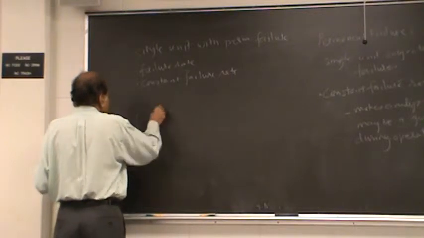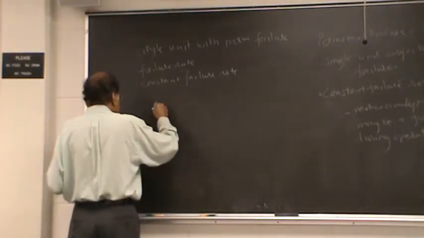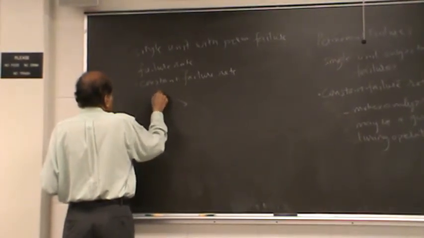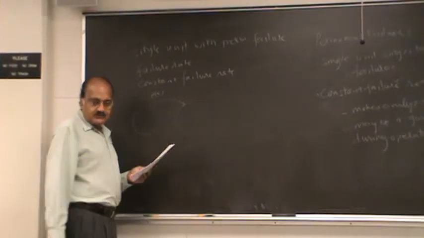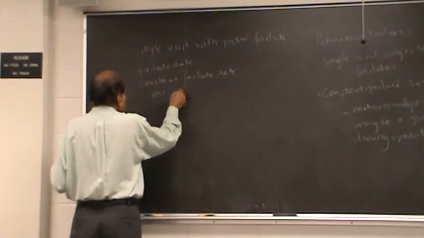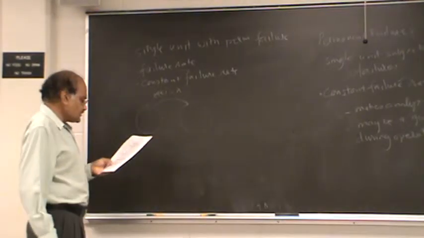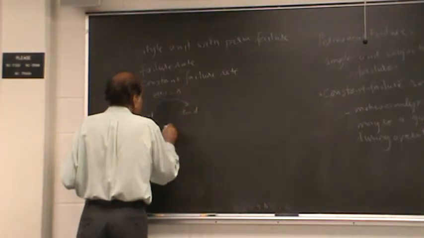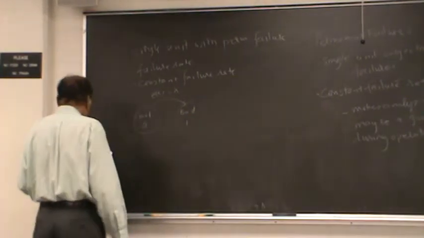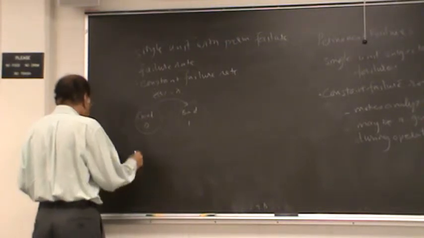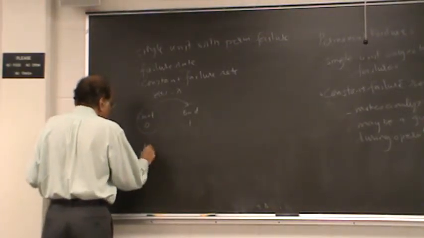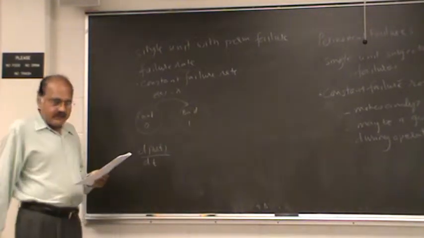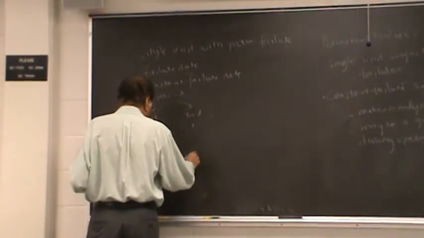So here's the system. Here we have the failure rate. In general, failure rate could be a function of time, but here let us assume that it is constant, and the constant failure rate is lambda. And here is the good state, and here's the bad state. Let's call them 0 and 1. And then we can describe the change of the probability of being in state 0 by this.